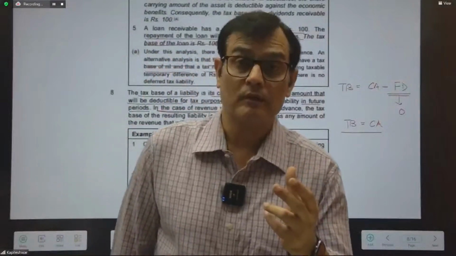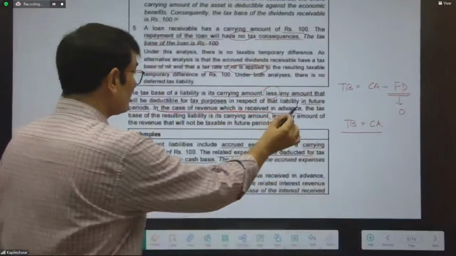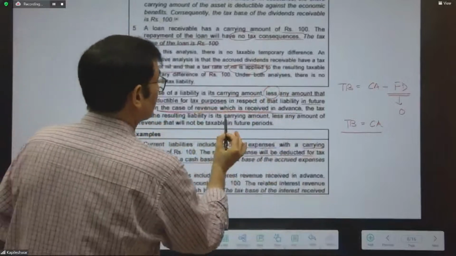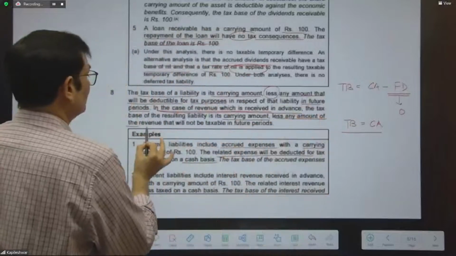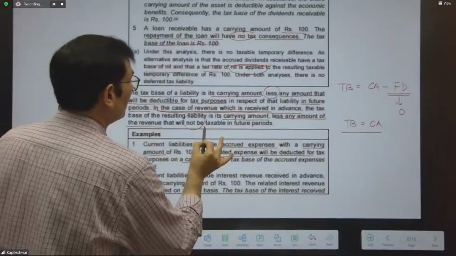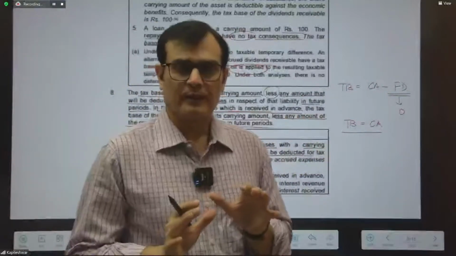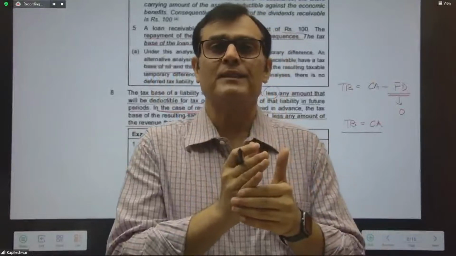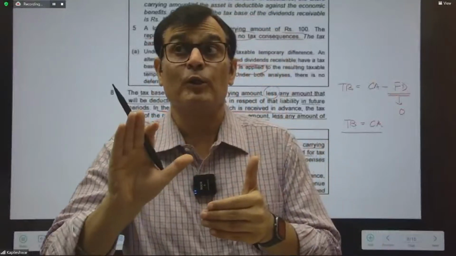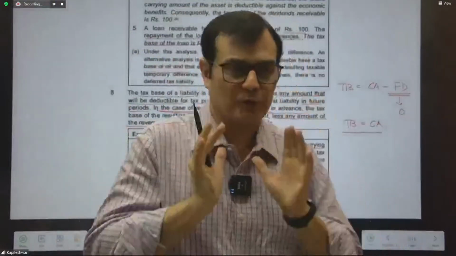No. You're going to settle by way of goods and service. The tax base is the carrying amount less any amount of revenue that will not be taxable in the future. A little complicated definition. It is the carrying amount minus the revenue which will not be taxed in the future. I want you to understand this conceptually.